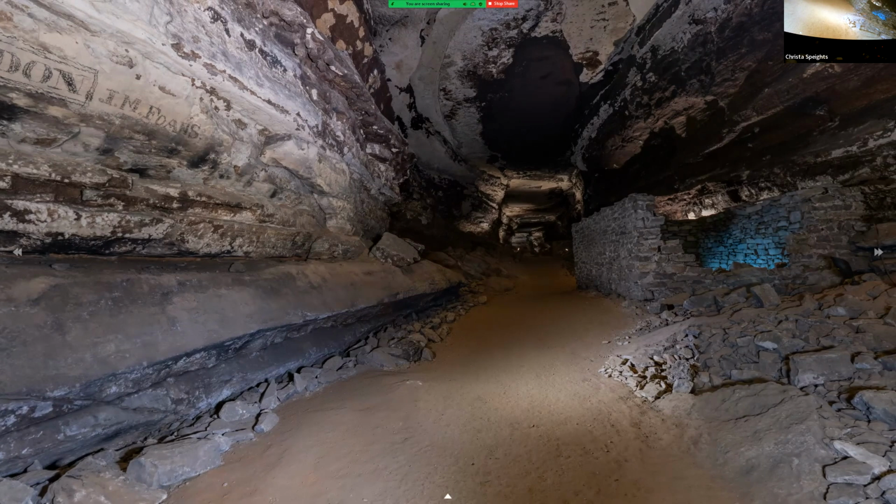This was built at a time when the cave was owned by someone named Dr. John Croghan, who decided that it would be a really great idea to build a tuberculosis hospital inside of Mammoth Cave. There was anecdotal evidence that people would come in the cave and they'd be like, all of a sudden I can breathe so much better. So he built this hospital and people were living in these stone huts inside of the cave.